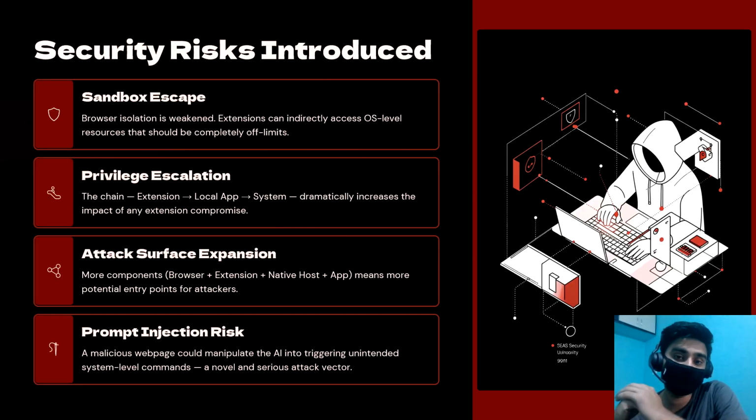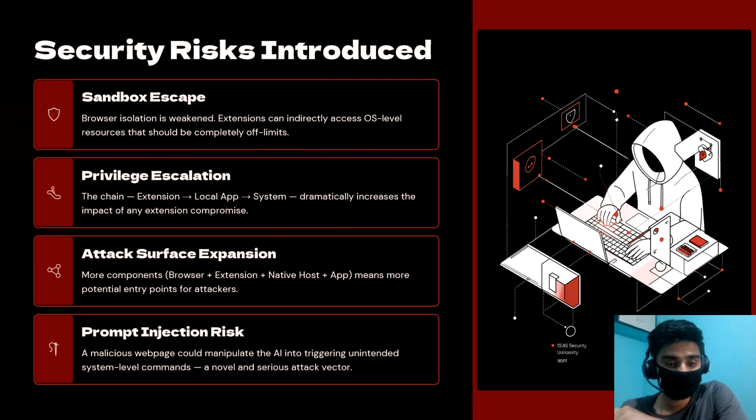Then what are the different security risks introduced here? One is sandbox escape: browser isolation is weakened, so an extension can directly access OS-level resources that should be completely off limits. Privilege escalation also plays a very crucial role.